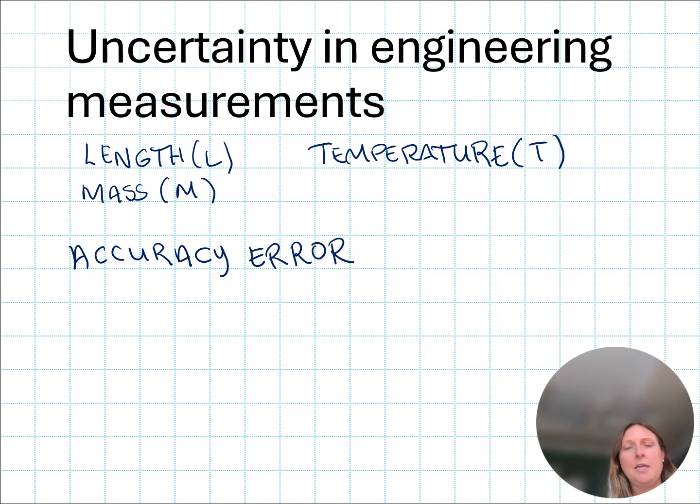So let's say that I'm taking the temperature of a fluid, and the true fluid temperature is 25 degrees C. And let's say I take repeat measurements using a thermometer that needs to be calibrated.